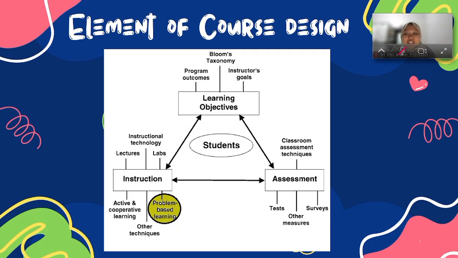So the course design is made student-centered, and surrounded by instruction, learning objectives, and assessment by the teacher. So if the teacher wants to make a course outline, it must be student-centered. That's all presented from me.